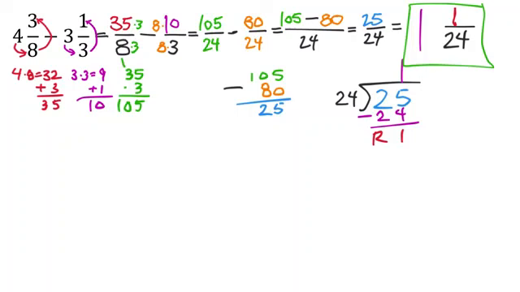Now, something that you should have noticed on this one is that there was no need for simplification at this point, whereas that first problem that we did, there was a need for some simplification at this point. It just varies.